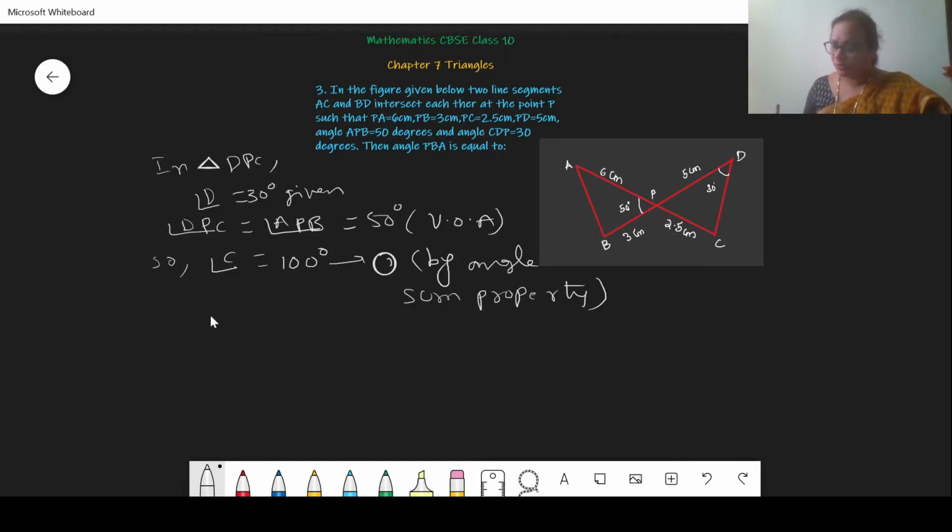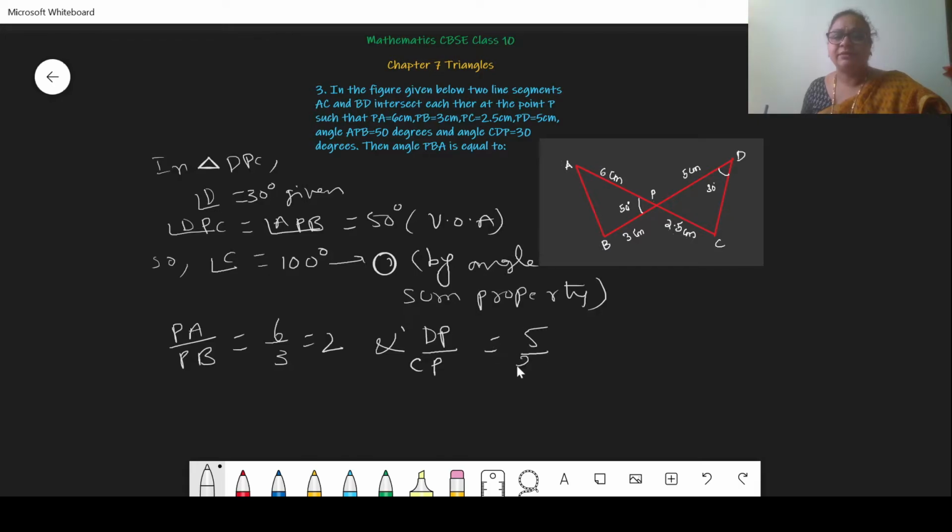Okay, now PA by PB is equal to 6 by 3, that is 2, and DP by CP is equal to 5 by 2.5, that is 2, and angle APB is equal to angle DPC, that is equal to 50 degrees.